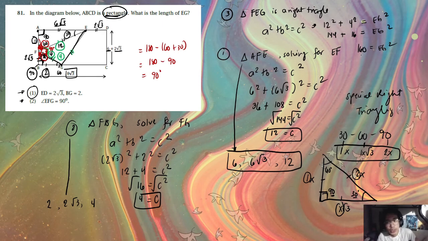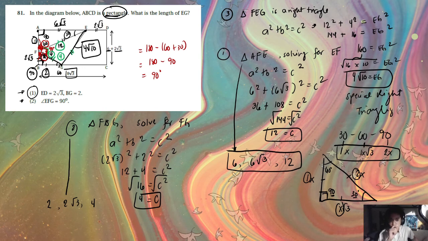We can factor 160 into 16 times 10, and since 16 is a perfect square, you can take it out of the square root sign. Therefore, EG is equal to 4 square root of 10 units.